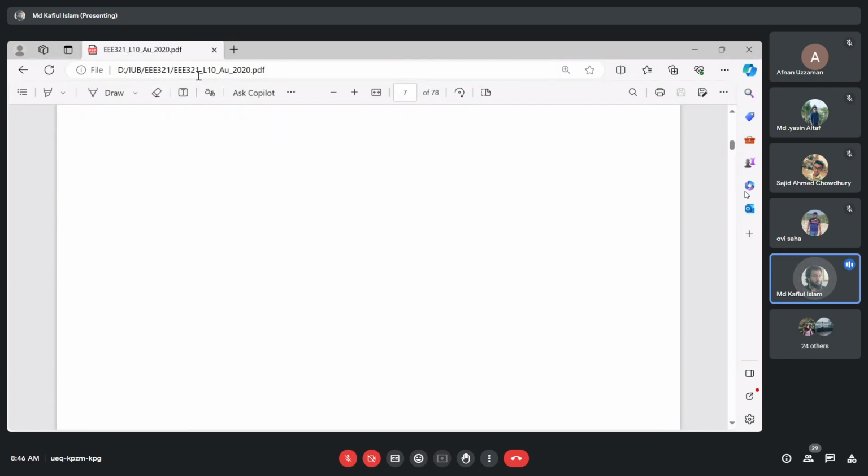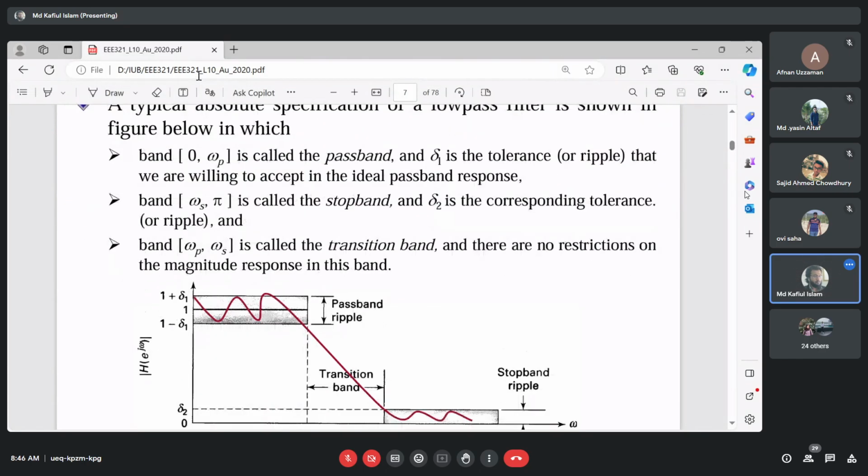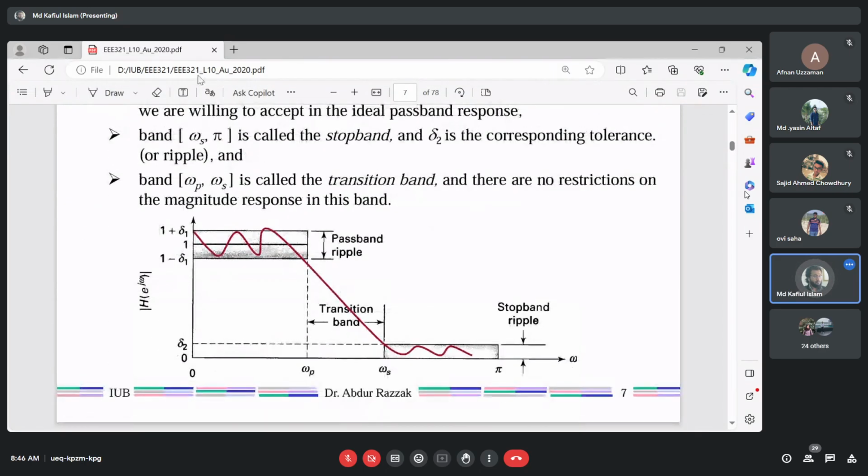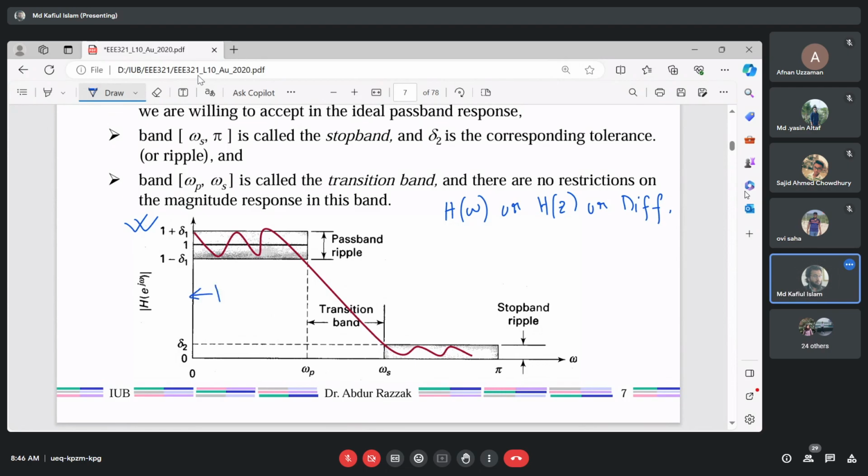So our design goal is basically to achieve these characteristics, this particular graph, or find our H of omega or H of z or difference equation, such that our passband, this is our passband, right? What is the passband region?